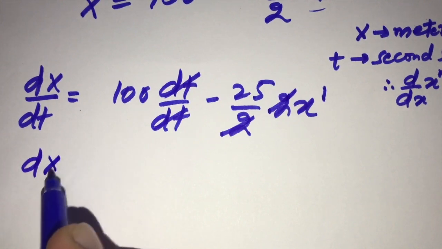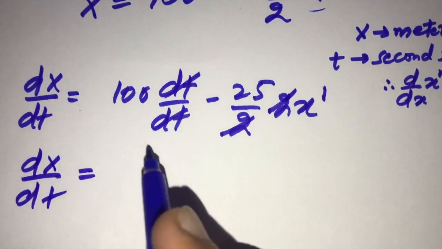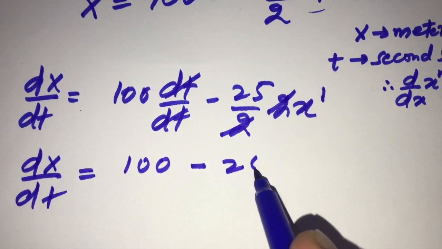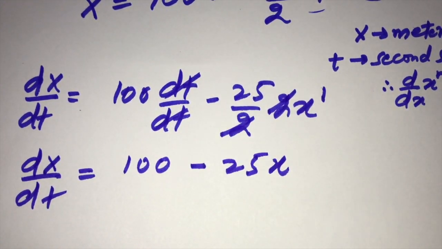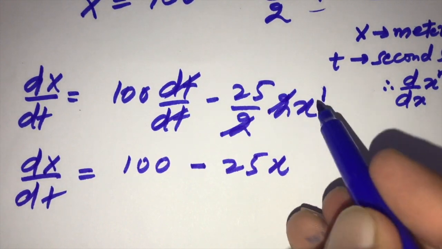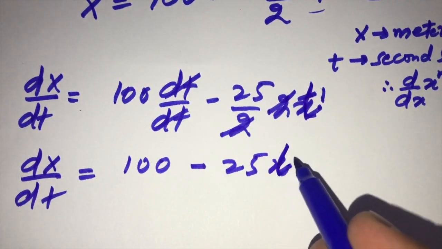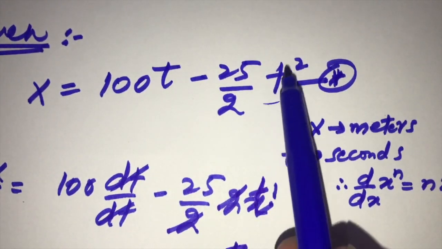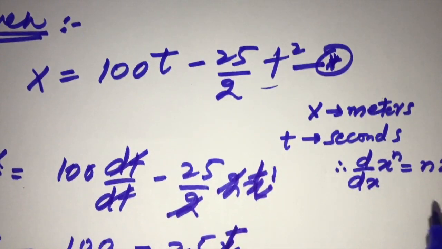the derivative, dx by dt is equal to 100 minus 25t. Sorry, this should be t, not x, because you see that here we have t, not x.